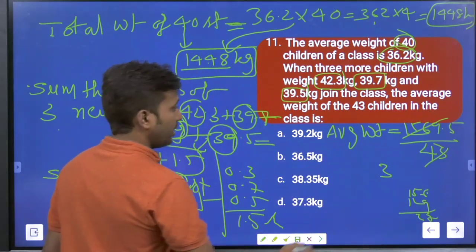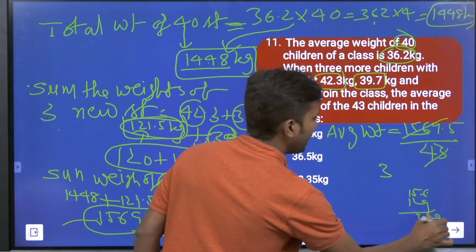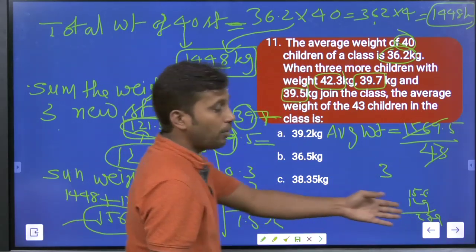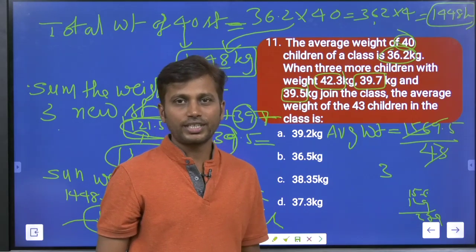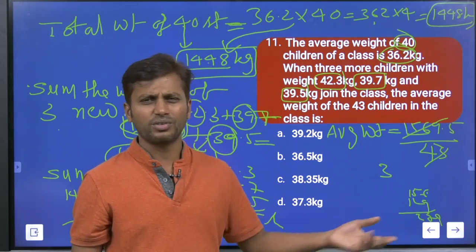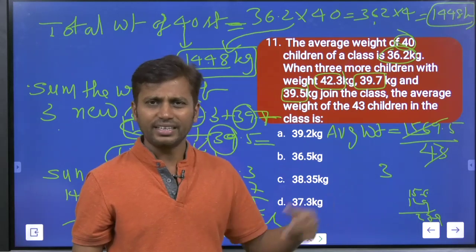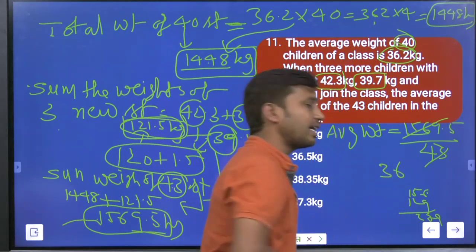Okay, so here 279 will go 43 by how many times? 43 means obviously 6 times, because 4 6s are 24, 3 6s are 18. So it will go 6 times.